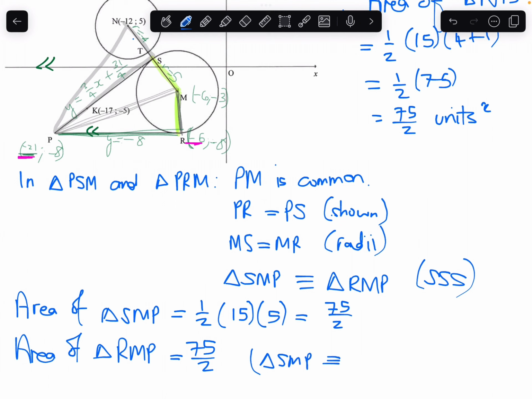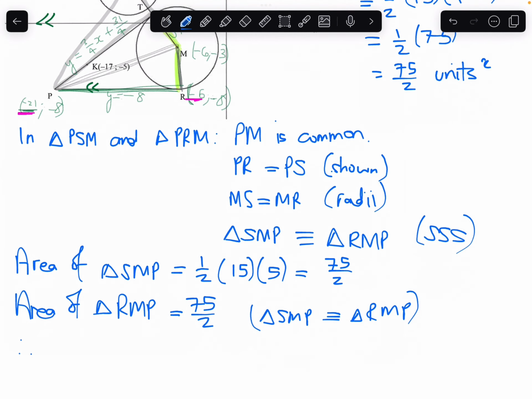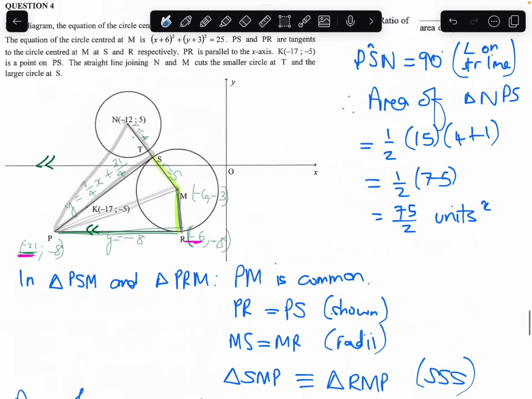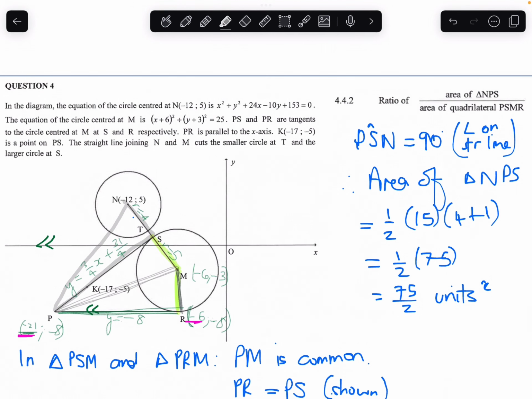They're identical. Okay, and so therefore the area of the quadrilateral PSMR is going to be 75 over 2 plus 75 over 2, which is 150 over 2, which is just 75 square units.